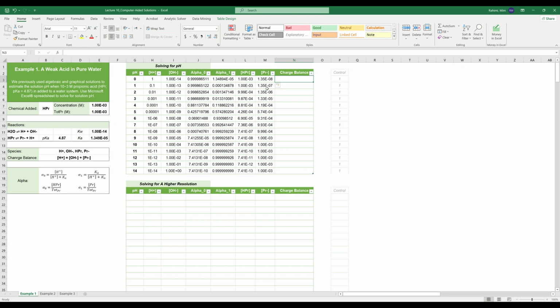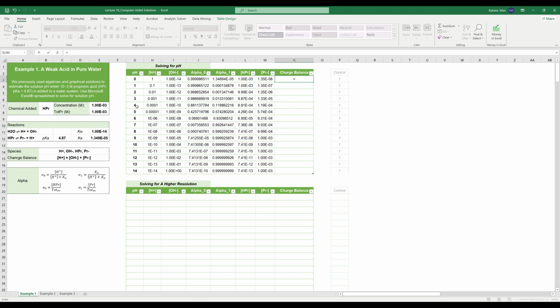So ideally, at the point that satisfies charge balance, if we subtract the concentration of negatively charged from the positively charged, rearranging this equation so everything goes to the left side, H plus minus OH minus minus PR minus must be 0.